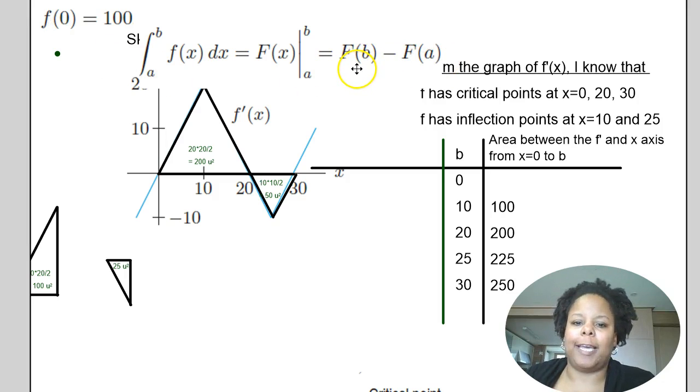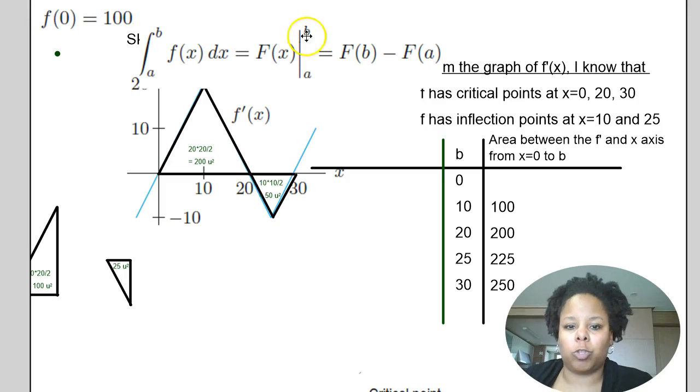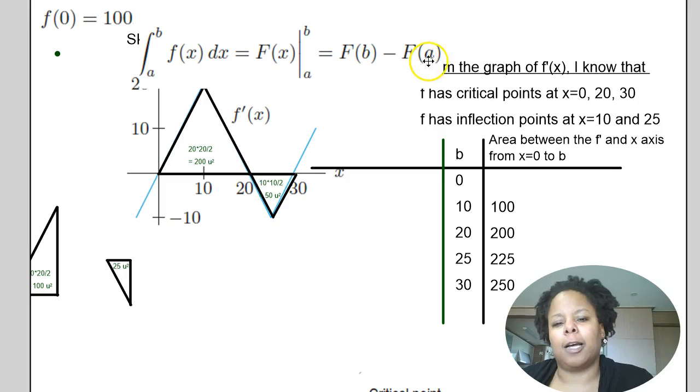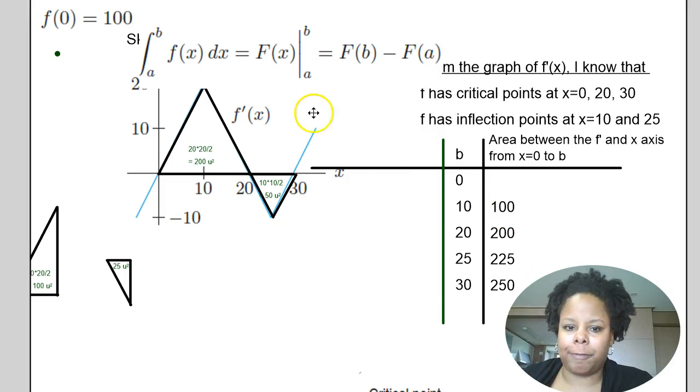And so really the area under the curve from x equals 0 to 10 should be equal to whatever big F of b is minus 100. Well, we know that the area from 0 to 10 is 100.